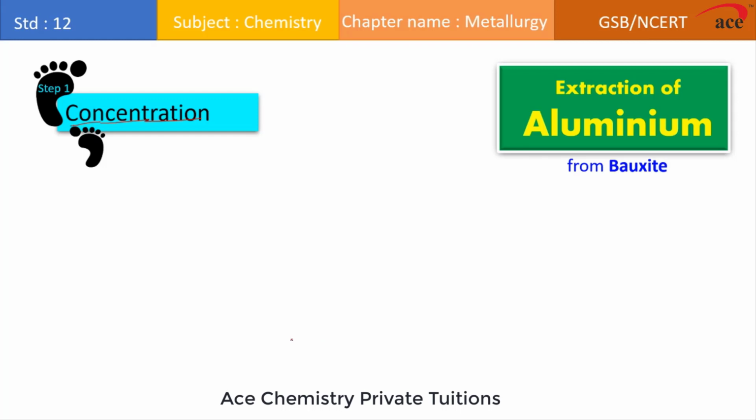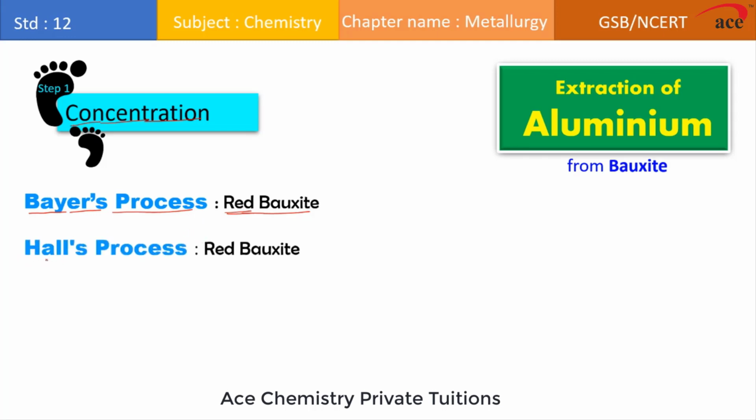The process also depends upon the type of bauxite. We use Baeyer's process, and the leaching reagent is caustic soda, a hot and concentrated solution of sodium hydroxide, applied for red bauxite. Here red bauxite indicates a type of bauxite.